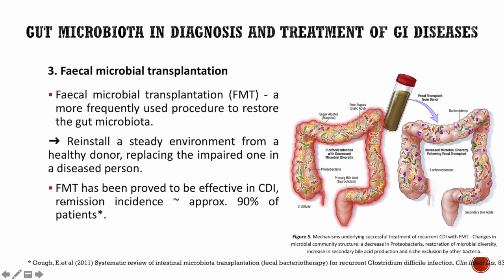Particularly, FMT has been implemented in recurring Clostridium difficile infection, CDI, whenever guideline treatment has failed. Indeed, FMT has been proven effective in CDI, and maintenance of remission was observed in approximately 90% of patients.